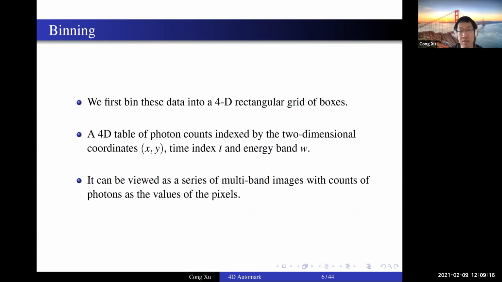So from the starting time, it is a time series of multi-band images, and the values in these images are the photon counts. So that's the first step: we bin the original list of photons into this kind of 4D table.